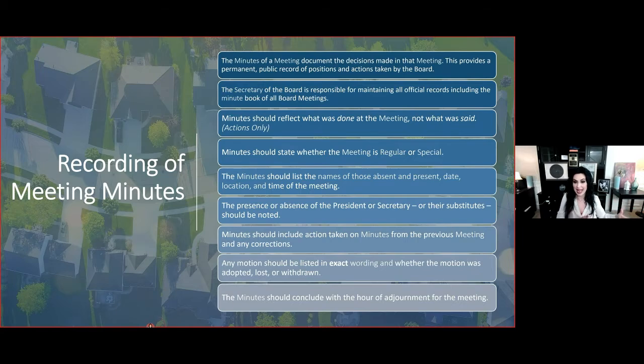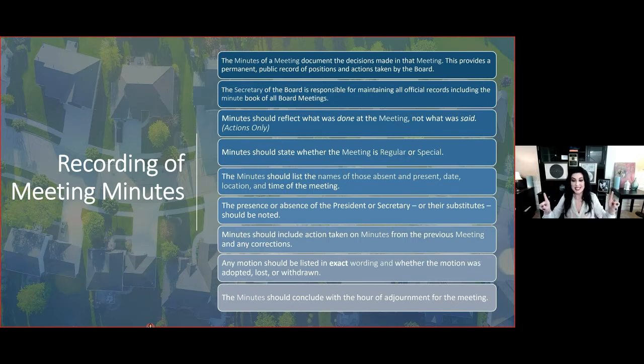We talked in the last segment about the different roles of the board members and the officer positions. And there was one role that we said the president could not take. Okay, what's that? I wish I could see hands in the audience. The president cannot be the secretary.